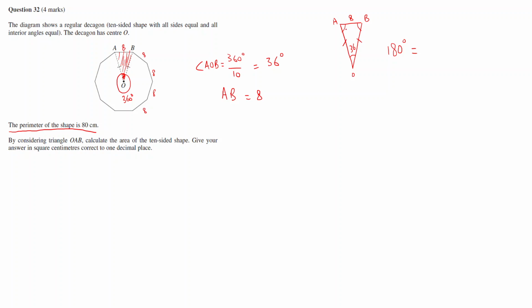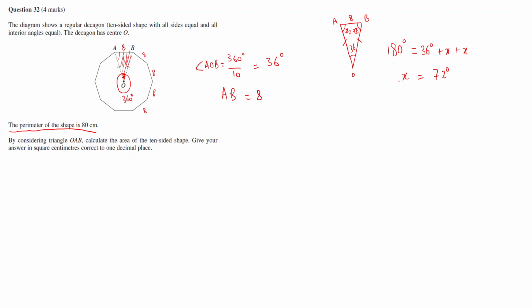If we call this one x, this one x, and this one 36 degrees, then 36 degrees plus x plus x equals 180. If you solve this, x will be equal to 72 degrees. So both these angles are 72 degrees. Now we know more things about this triangle.